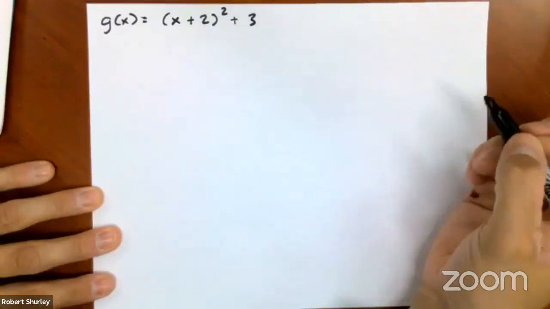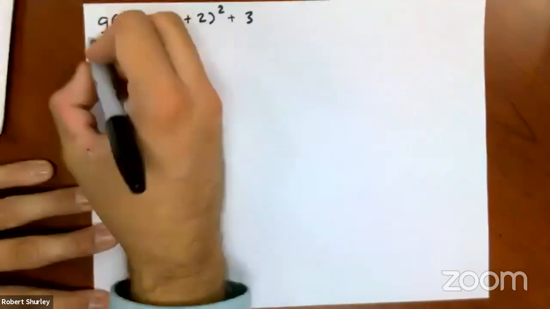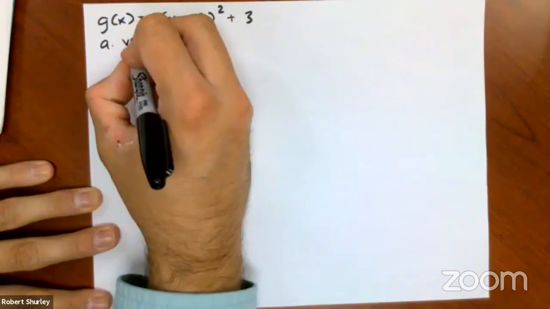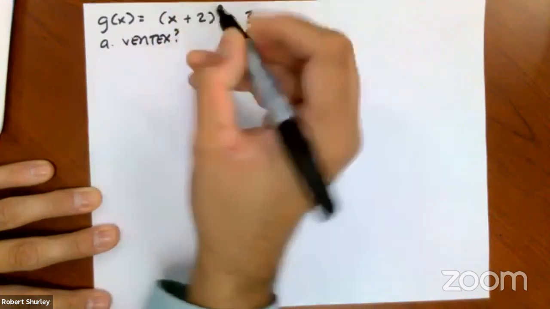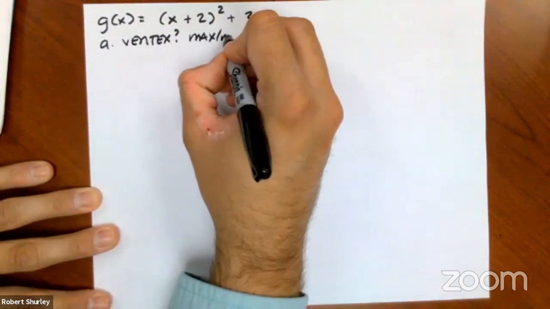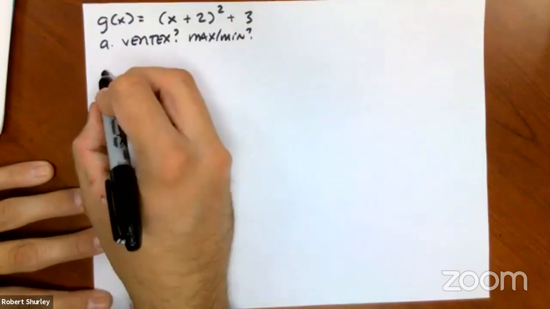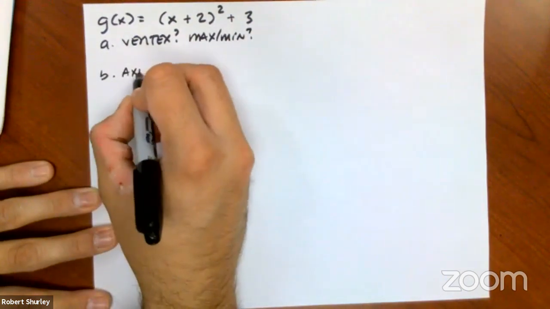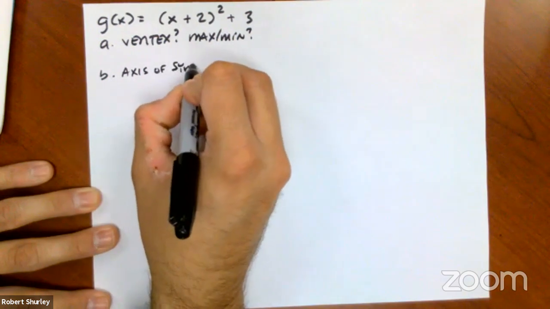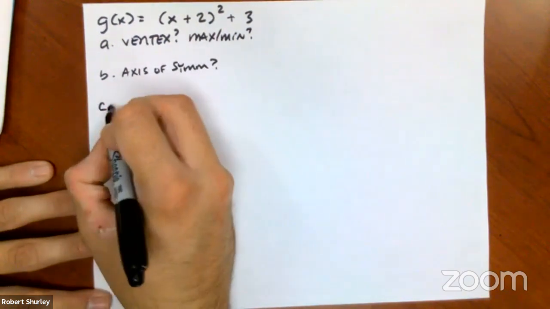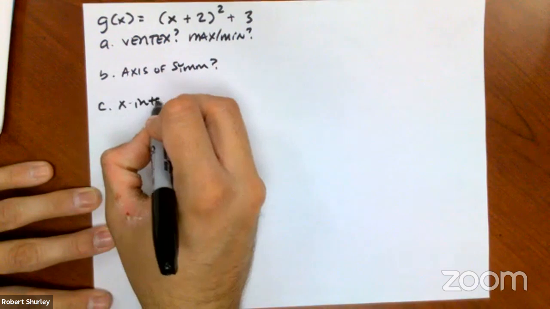Why not? If you want to start working on this one, A, I want you to find the vertex, and again, max or min. B is axis of symmetry. C, I want you to find the x-intercepts.